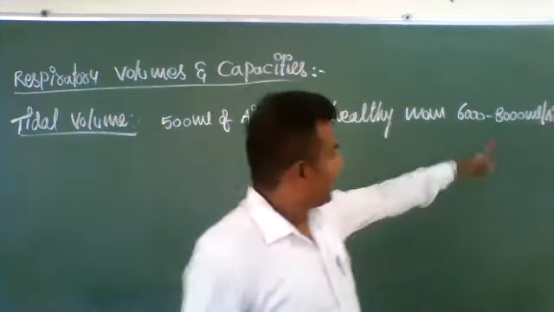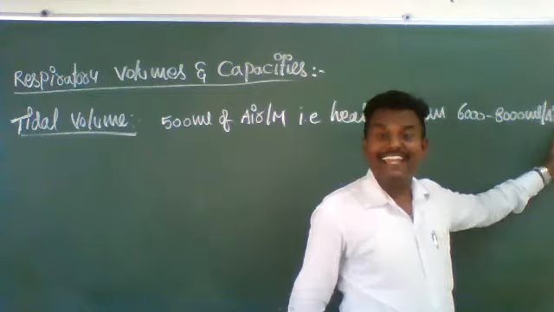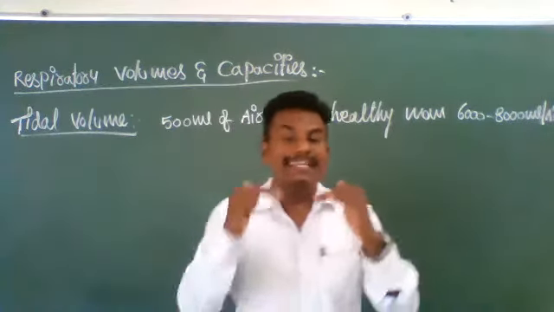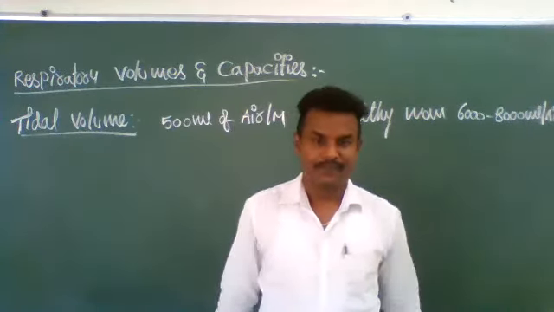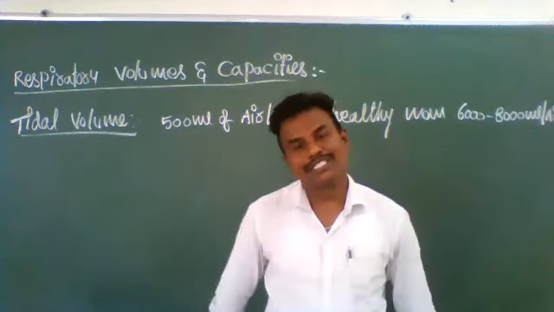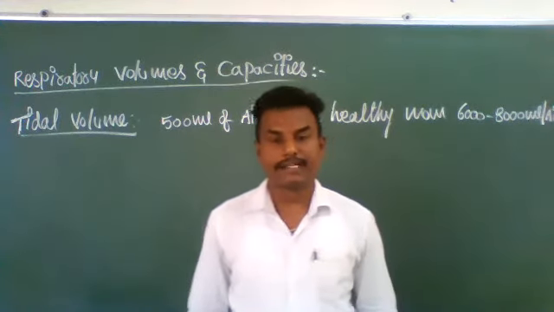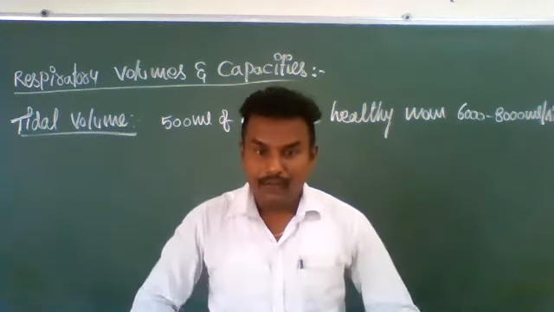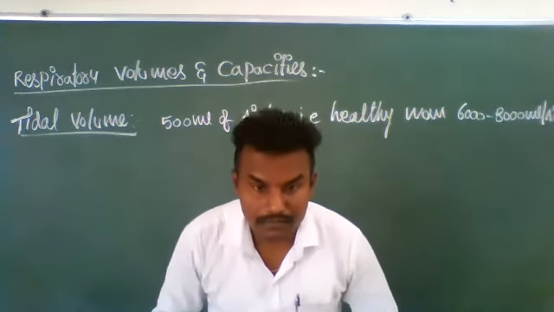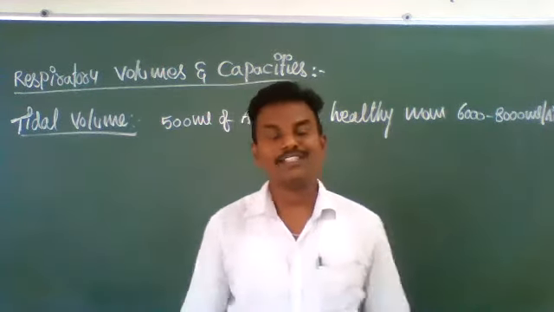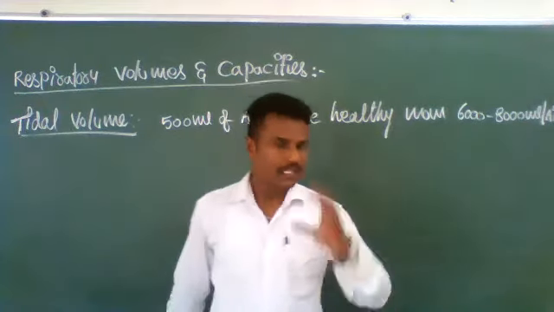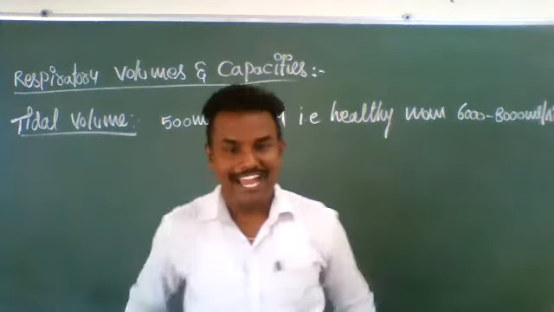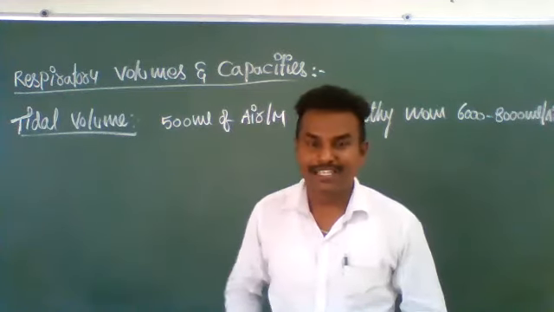That is a healthy man's capacity. When we are consciously sitting, we can take in more and release more. This is called tidal volume. It can be measured using a spirometer. I cannot measure it, no one can measure it.